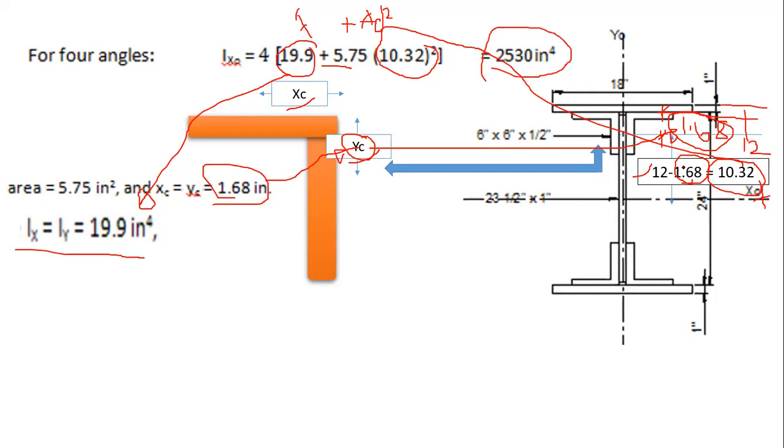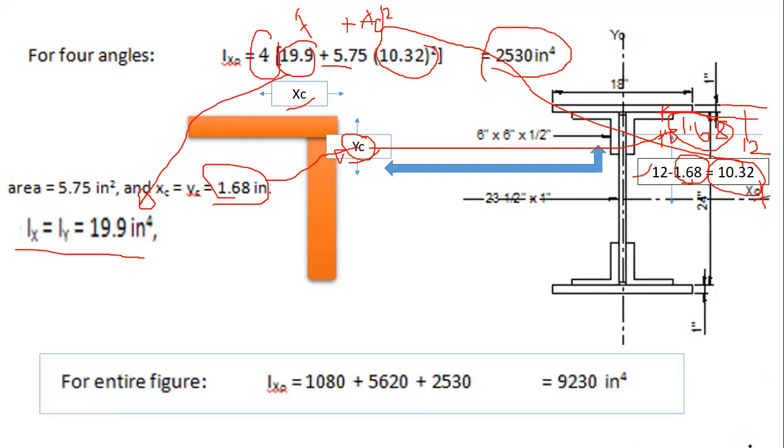Once calculated, you just multiply by 4 because there are 4 angle bars. So we computed first the web, next the 2 flanges, and then the 4 angle bars. We sum those up, and we get the moment of inertia, which is equal to 9,230 inches to the power 4. So, any question about this one?